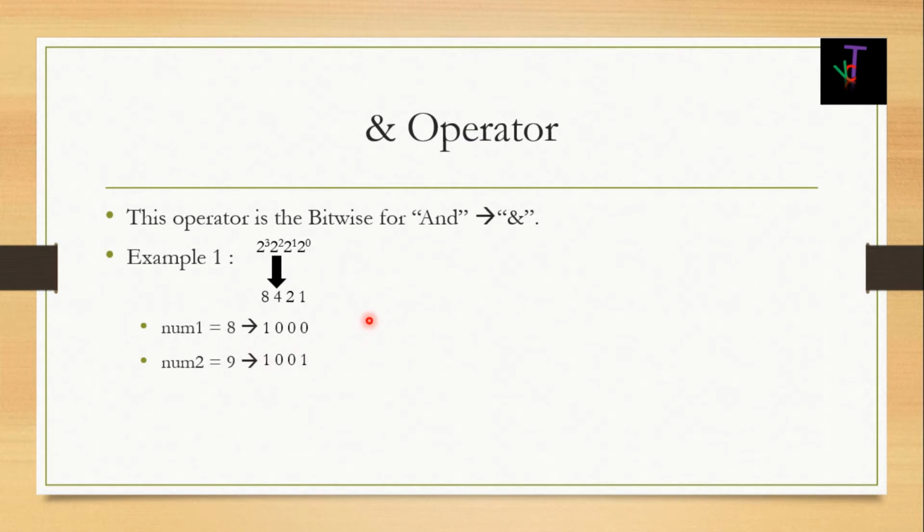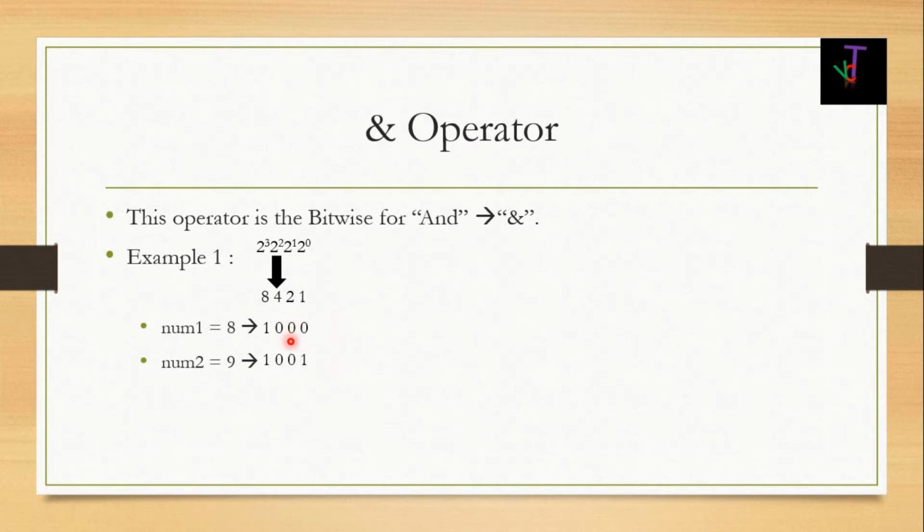Now, as I told you, 1 is true and 0 is false. So for the result to come out true in ampersand, both of the numbers in the bit have to be true. Over here 1 is 0 and 1 is 1. So it's not going to be 1.